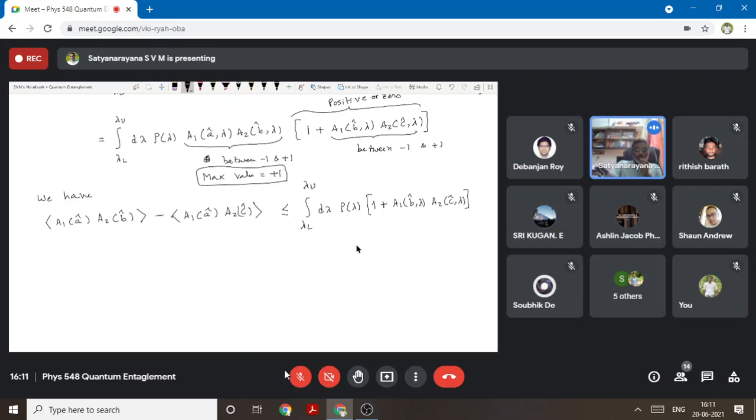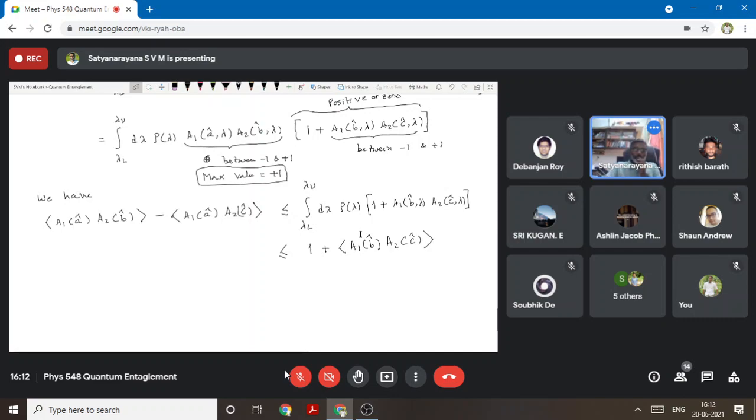Now this has two terms. The first term is simply the integral d lambda rho lambda from lambda 1 to lambda 2, that is equal to 1. Plus what remains is the correlation function of a1 of b cap into a2 of c cap.